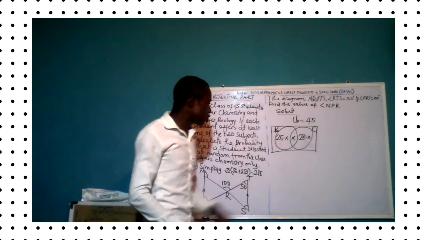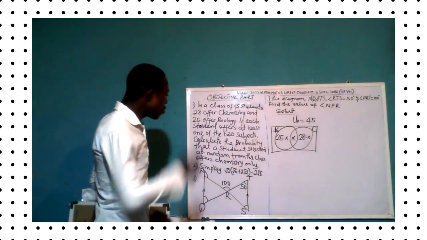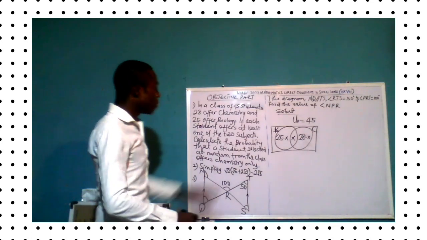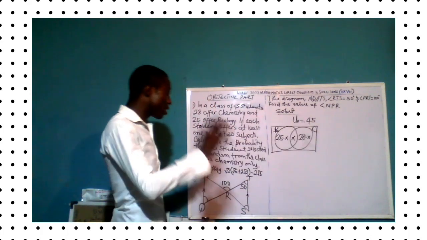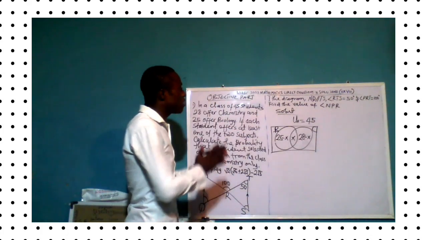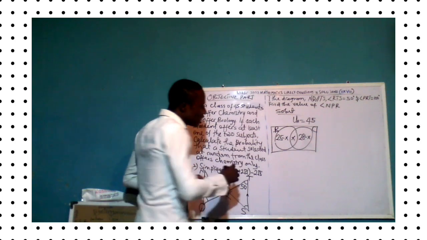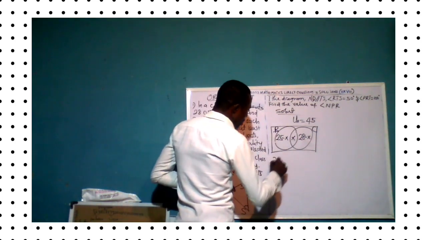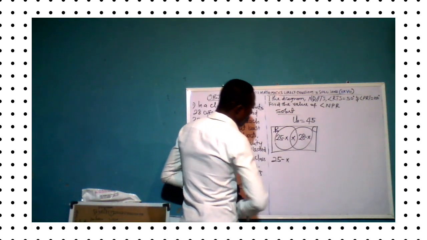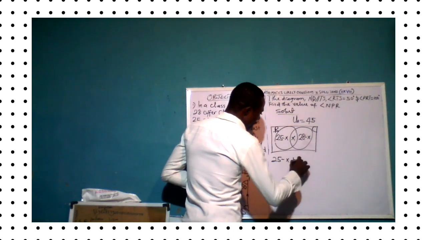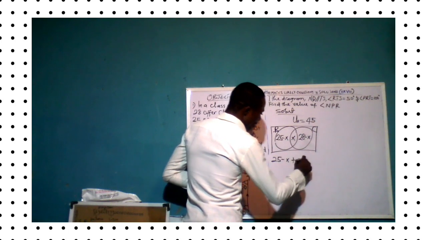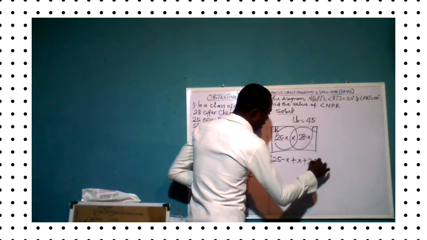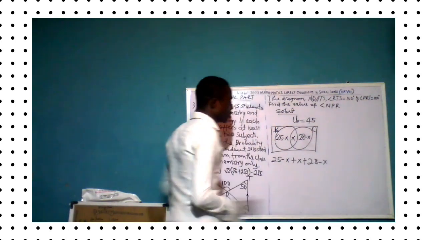So from here, we can find the value of X by adding up these regions and equating it to 45, because we are told that in the class we have 45 students. So 25 minus X offer biology only, plus X offer both biology and chemistry, then plus 28 minus X, the students that offer only chemistry.